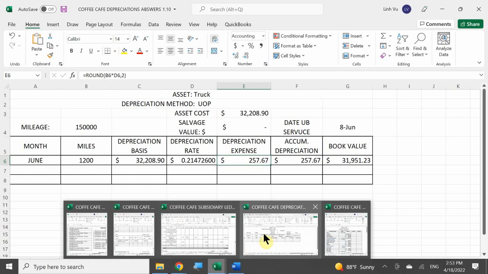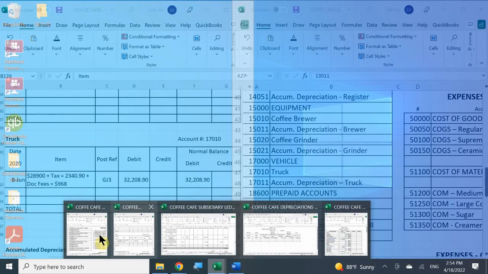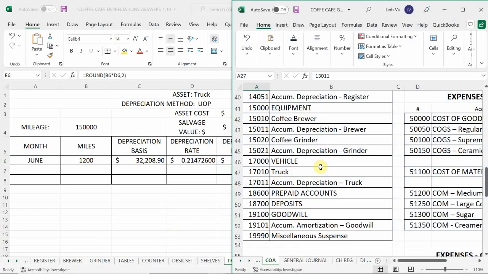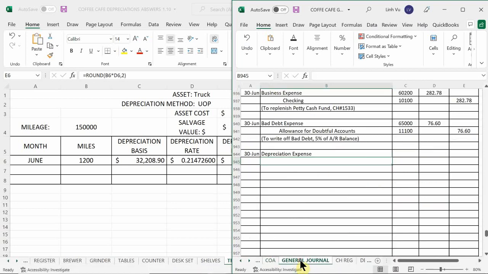Okay? So when we look at our chart of accounts, we have the accumulated depreciation for the truck, which is account 1711.